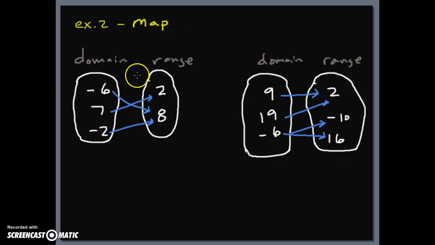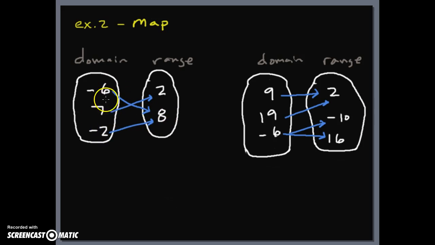Let's look at what it looks like when we're given a map. So here's our map. We've got our domain mapped to our ranges, right? So which one of these is a function? Which one of them is not a function? So let's look at the first one on the left. If you look at the domain, we've got 3 x's, and it looks like this negative 6 is paired to only 8, this 7 is paired to only 2, and this negative 2 is paired to only 8.